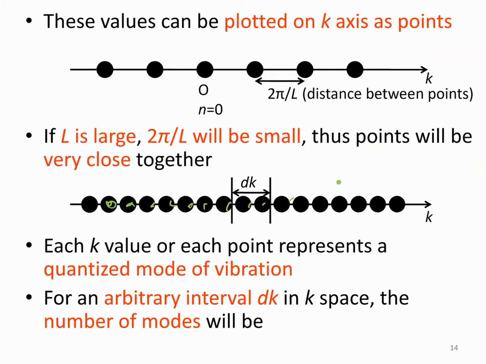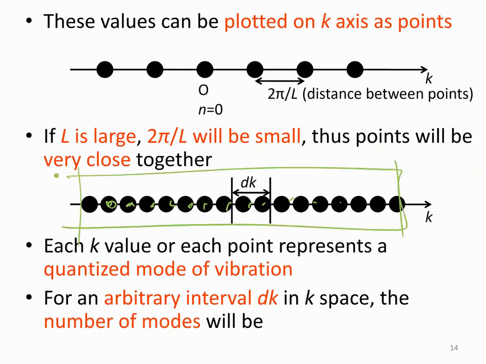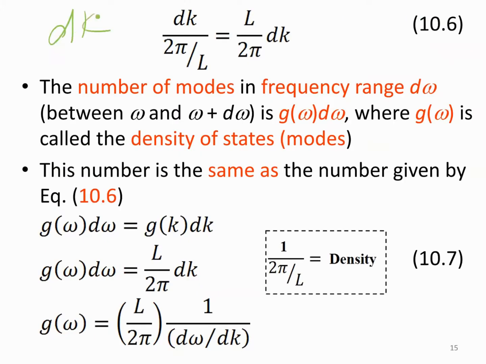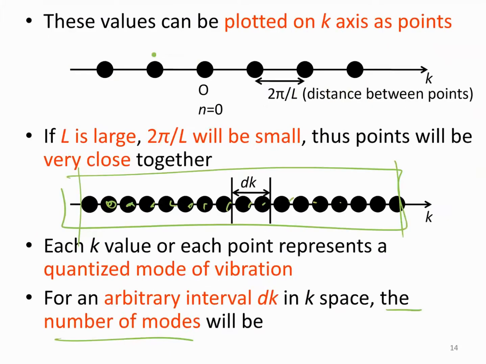Okay, allowed k values. If you want to know how many modes are in one particular range, the solution is very simple. The number of modes in that range would be dk over 2π over L. Why dk over 2π over L?